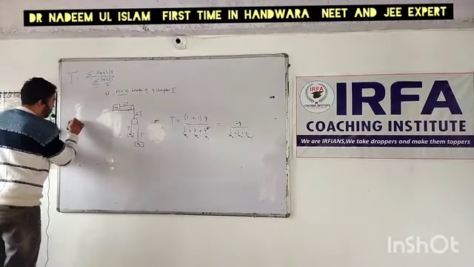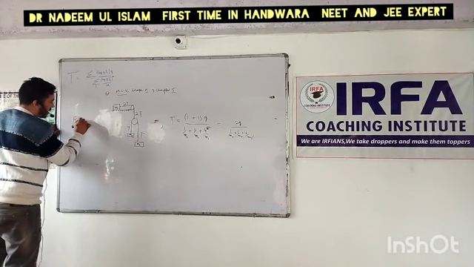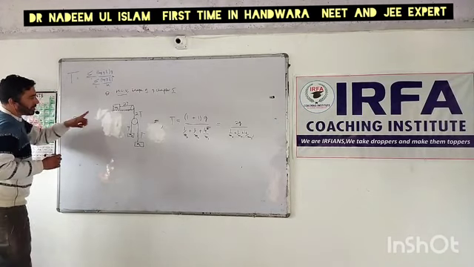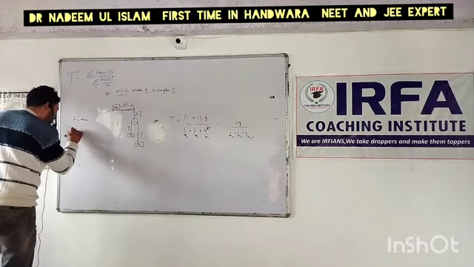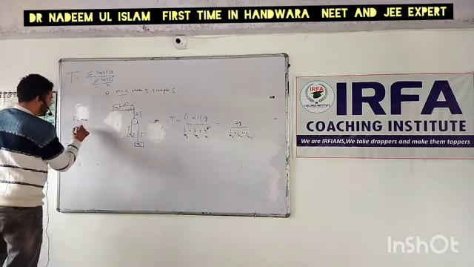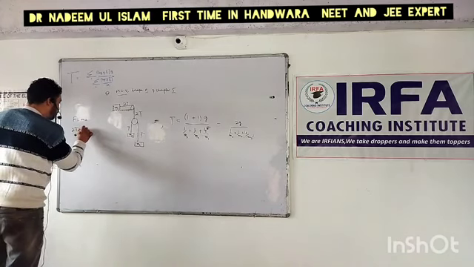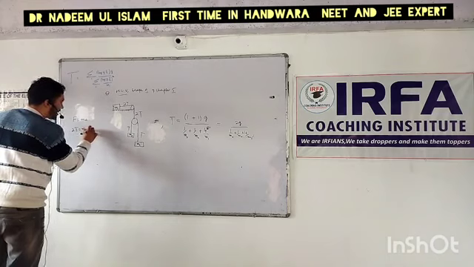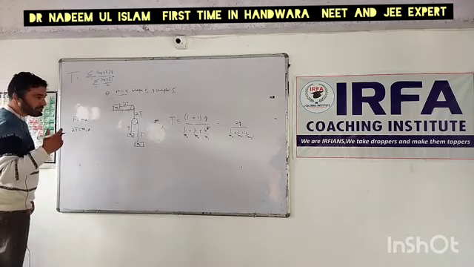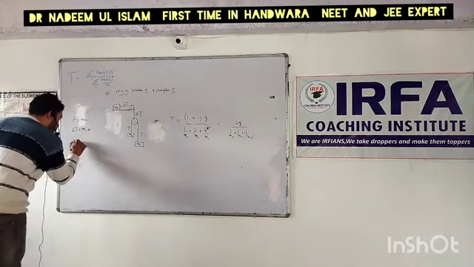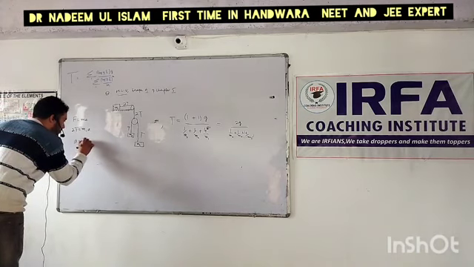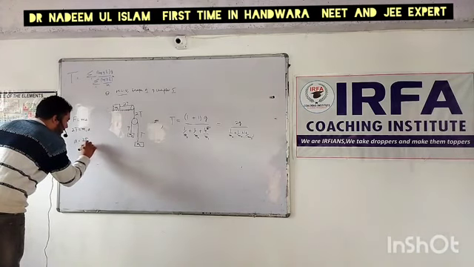Now you know Newton's second law, F equal to ma. What is the force here? It's 2T. And the mass here is m1. Let the acceleration be a, which I have to calculate. So my a is 2T divided by m1.